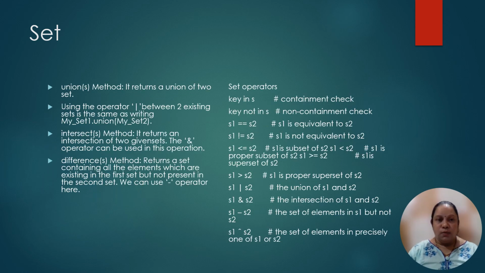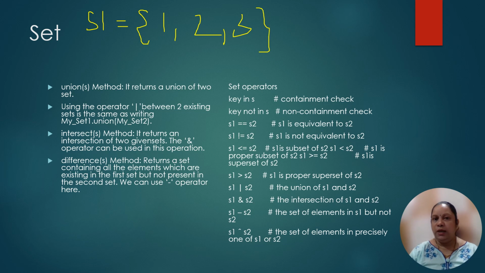Now, the most important methods of a set are these: union, intersection, and difference. Suppose I have got two sets. First set S1 has got values 1, 2, and 3. I have got set S2 over here. It has got values 1, 4, 6.